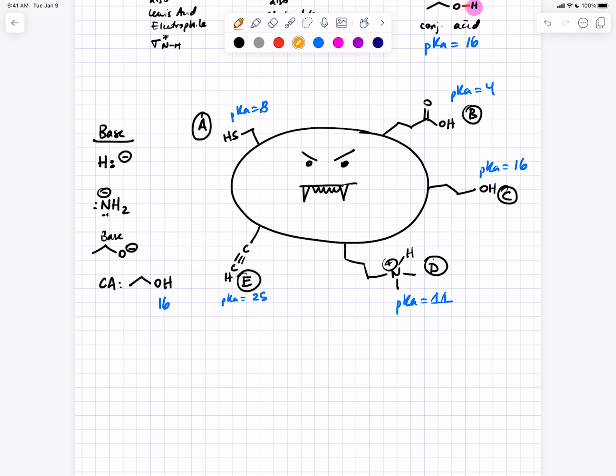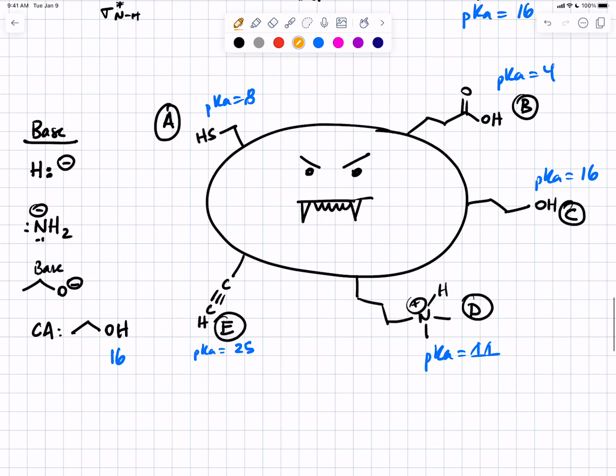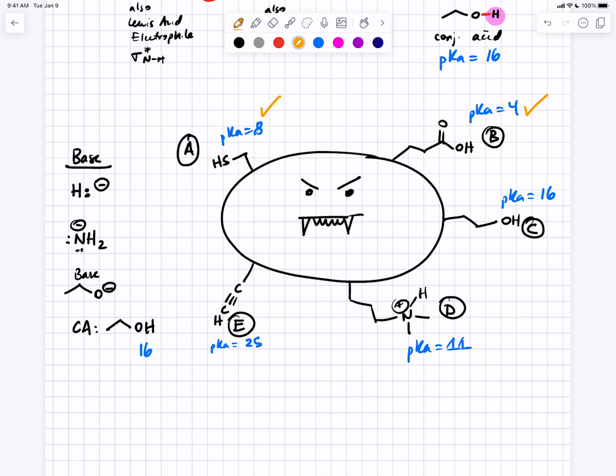All right, so let's just check off the ones whose pKa's are lower than 16. So yes, it's reasonable to remove a proton whose pKa is 8. Totally reasonable to remove a proton whose pKa is 4. 16 versus 16, that would mean the equilibrium constant was about 1 for this reaction.